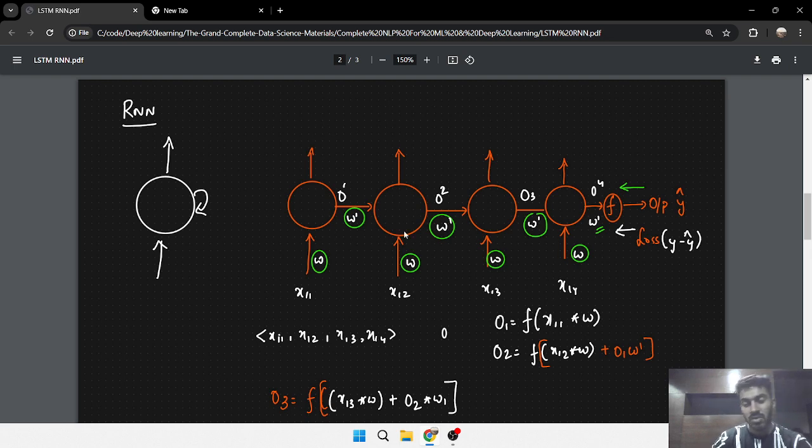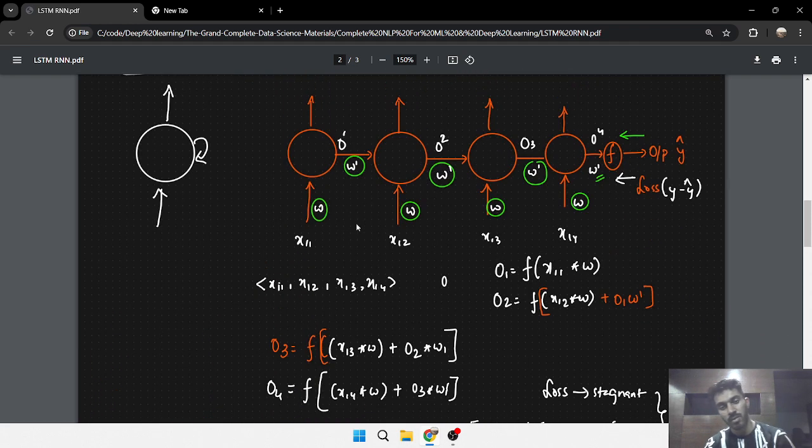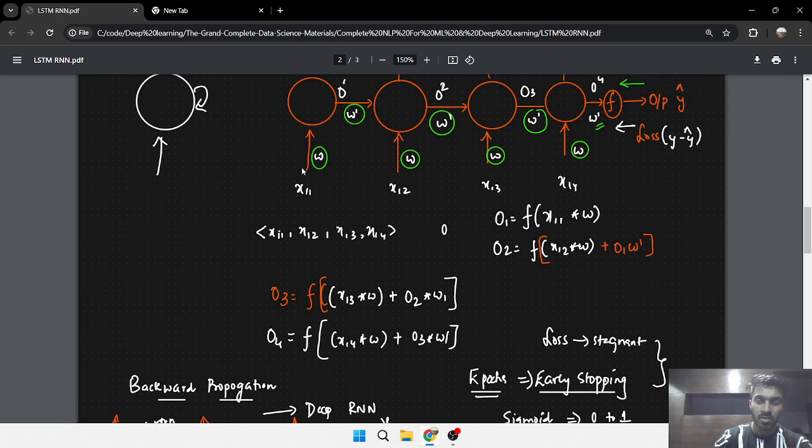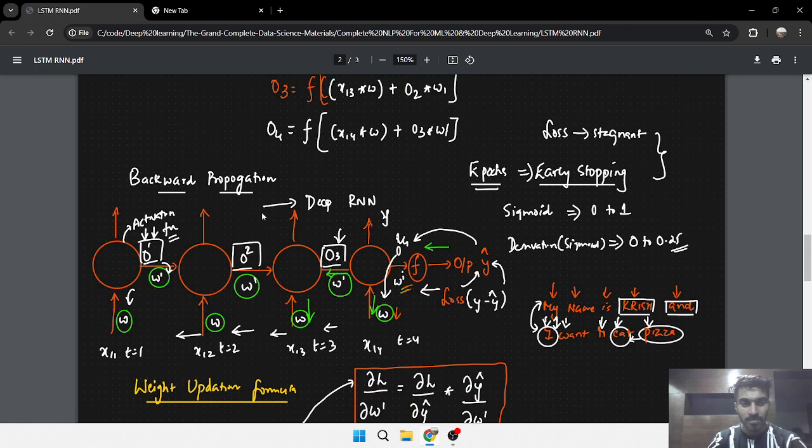So that's why we don't use RNN nowadays. We are using the transformer. In a transformer the vanishing gradient problem is solved, and instead of passing input one by one, we can pass the whole input at the same time. That's the benefit of transformers, and that's why nobody is using RNN.